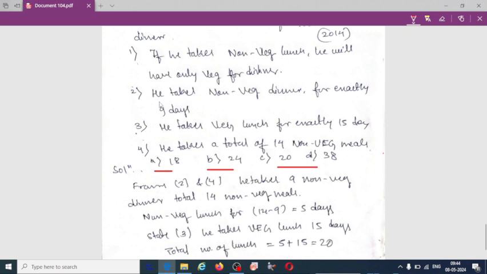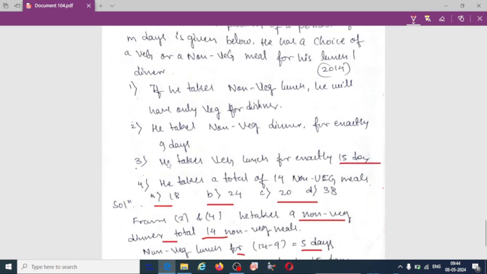From statements 2 and 4, he takes non-veg dinner for 9 days and a total of 14 non-veg meals. So non-veg lunch must be how many? 14 minus 9, you will get 5 days. Statement 3: he takes veg lunch for 15 days. Clearly they have written 15 days.